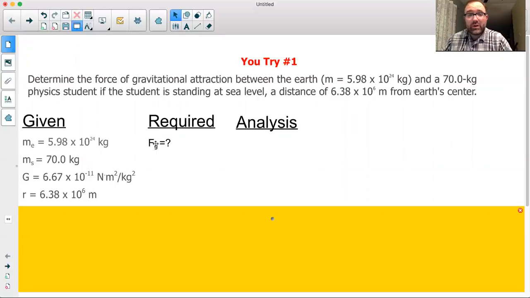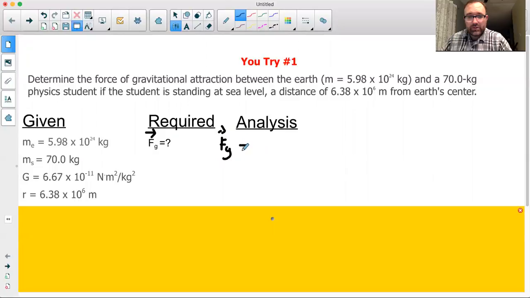So what is required? You're actually looking for force of gravitational attraction. Keep in mind this is a vector quantity, so make sure there's an arrow above that. So we are going to include a direction at the end of the problem. Now keep in mind the direction is dealing with this whole fact of going downwards to the center of the Earth. So in our analysis, we start off with the formula as I stated earlier.